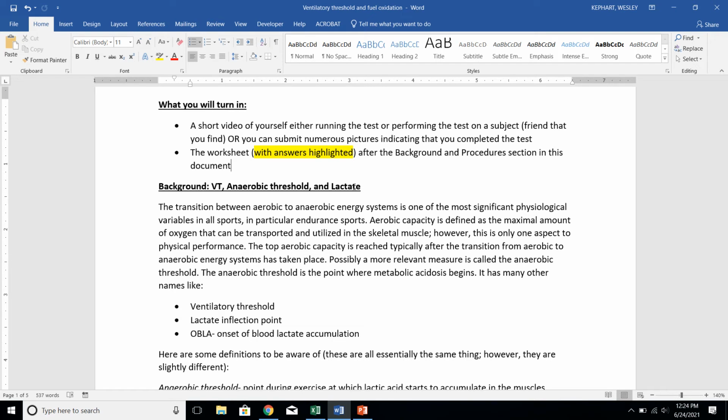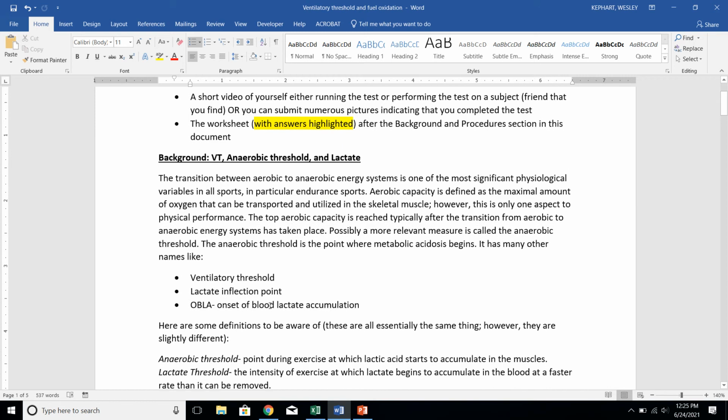You could argue that the lactate threshold is going to occur a little bit faster because the lactate is being produced in the working musculature, and it's actually getting consumed in places like the liver and the heart and stuff like that. But I'm not going to test you on that because that's highly theoretical.